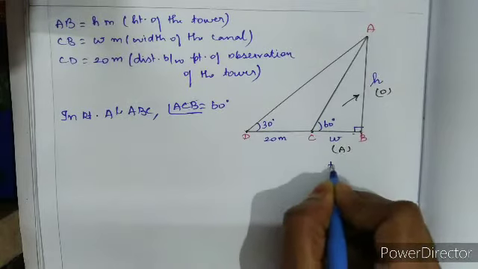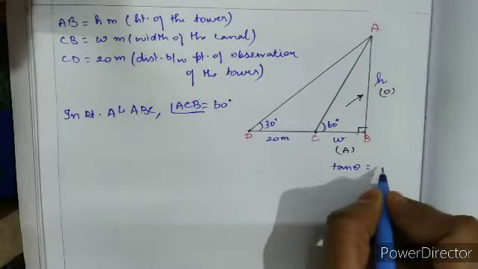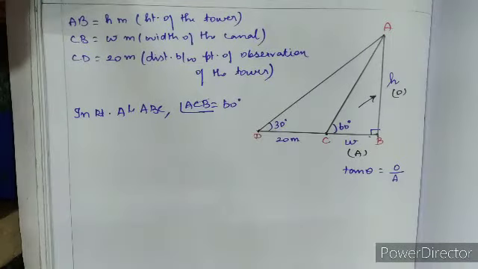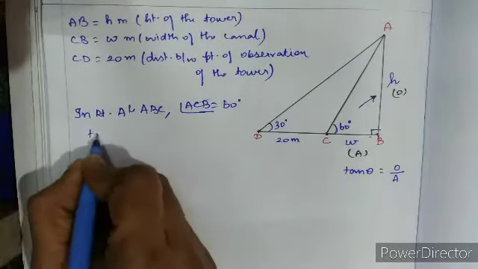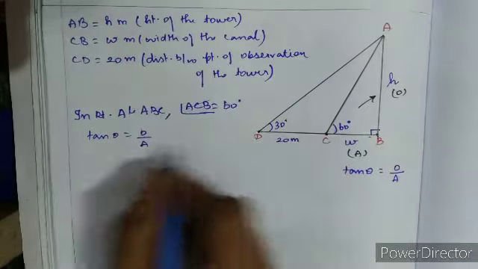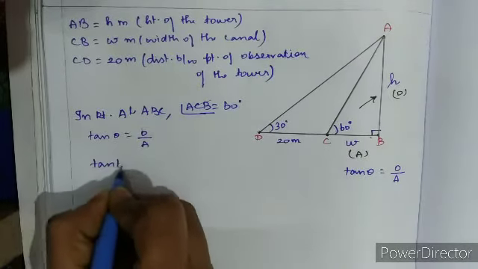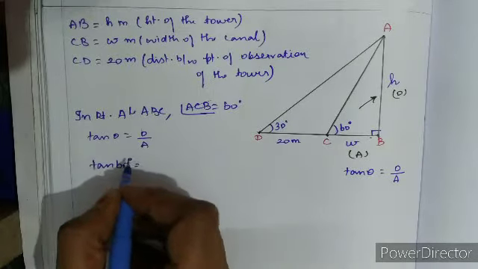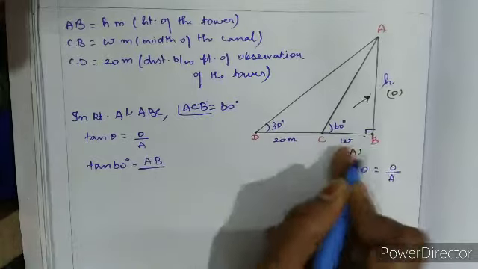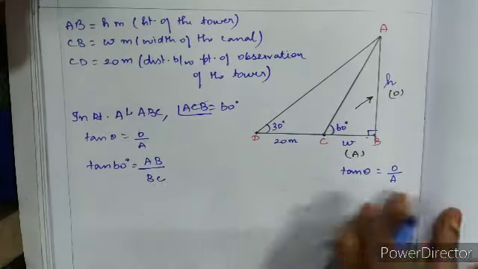So we know it is tan theta, isn't it? Tan theta is equal to opposite by adjacent. Here it is tan 60. So tan 60 degrees is equal to opposite, that is AB, by adjacent, which is BC.